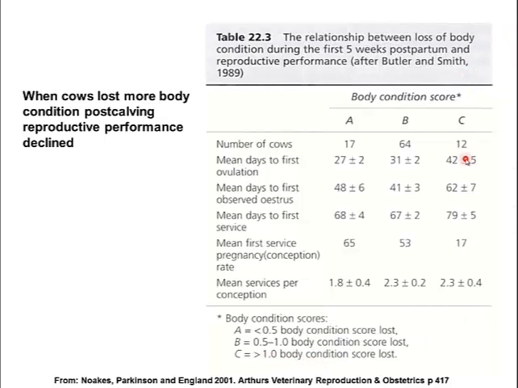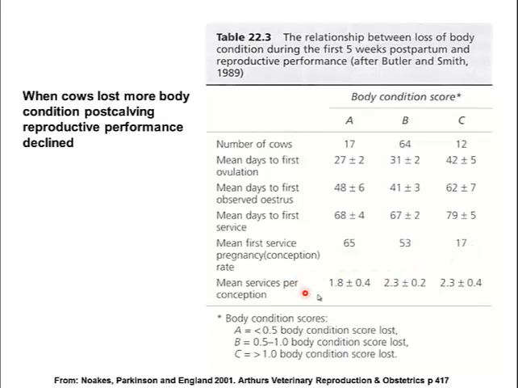So if you look at the cows categorized as C that have lost a lot of body condition score, the mean days to first ovulation are longer, the mean days to the first observed estrus are longer, the mean days to the first service are longer, and the mean first service pregnancy rate or conception rate is quite a lot lower in the cows that lost 1 or more body condition score units following calving.